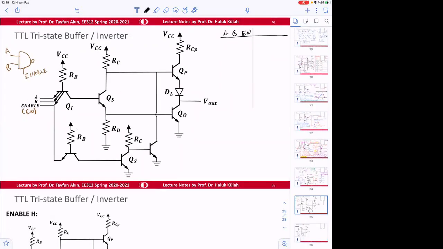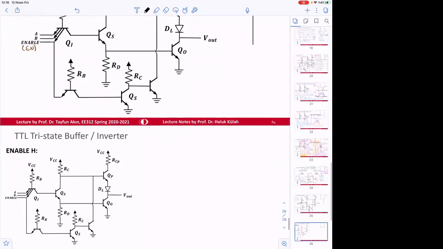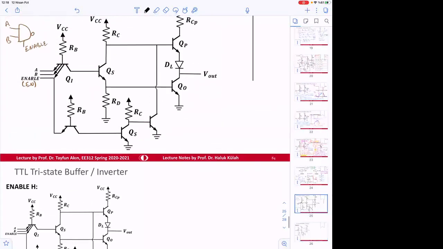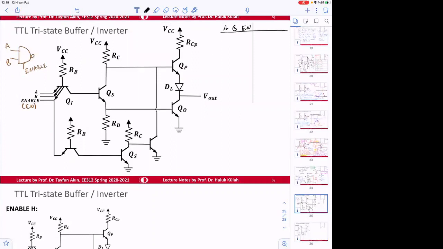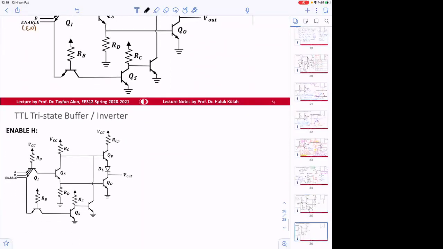Before going to the next page, let's check the enable high case.